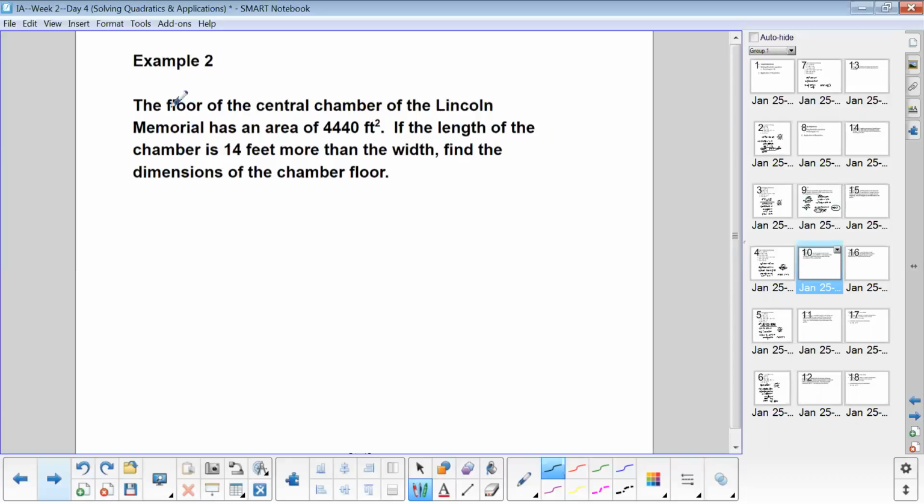Now, if you take the floor of the central chamber of the Lincoln Memorial, we'll say that the area is 4,440 square feet, and I've got a width and a length, but I know that the length is 14 more than the width. So this will be very similar to the previous problem.